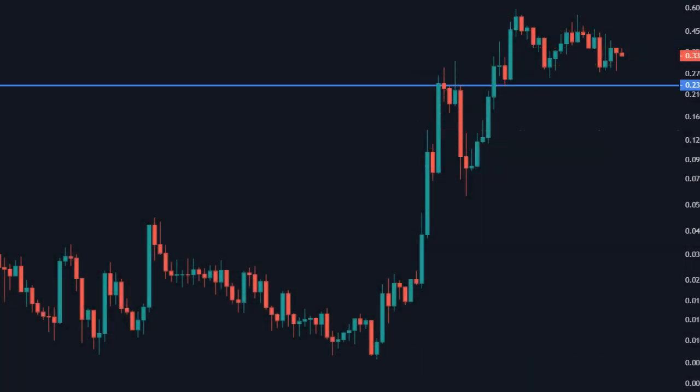I'll show you why. This is our 61.8%, the 23 cents. Now, as you can see, when we remove this Fibonacci, this is a pretty clear and important support and resistance level. There is no clearer indication of the importance of this resistance line than this.